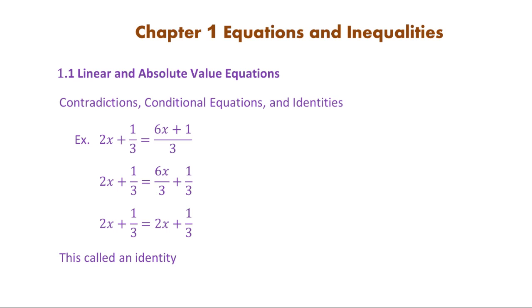You got 2x on both sides. So when you change the value of x, they're always the same. So 2x plus 1/3, of course, is always equal to 2x plus 1/3. Okay. So that's an identity. It is always true. Right?